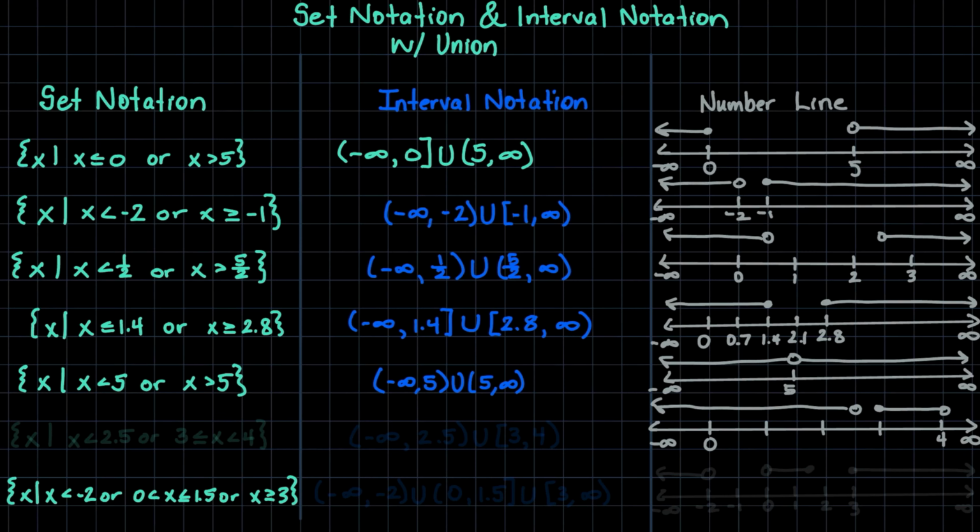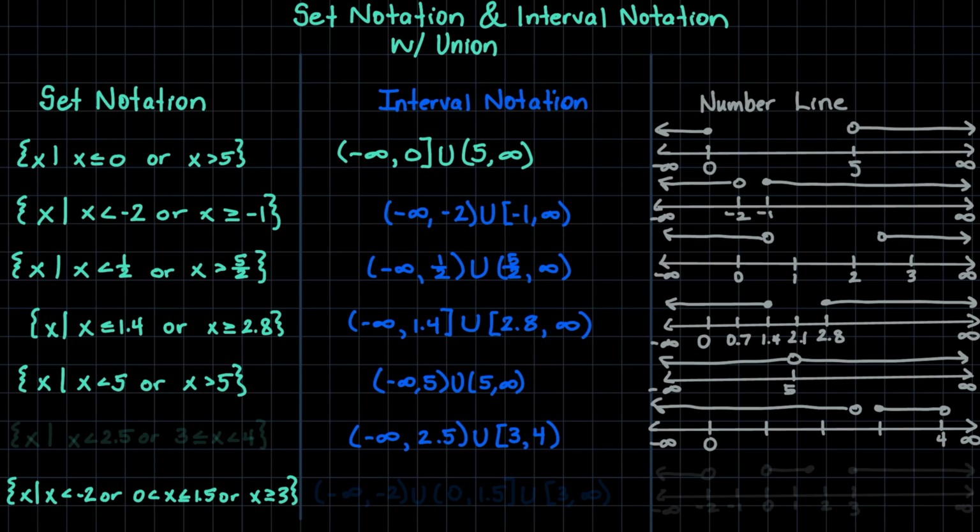Okay, this next one we have a union with an intersection. So our first piece of information starts at negative infinity and travels until we get to, we got to see what these numbers are. 1, 2, 3, 4. So 2.5. And 2.5 is not included, so it'll get a parenthesis. I have a break, so that means I have a union. Starts back up at 3 with 3 included and ends at 4 with 4 not included.